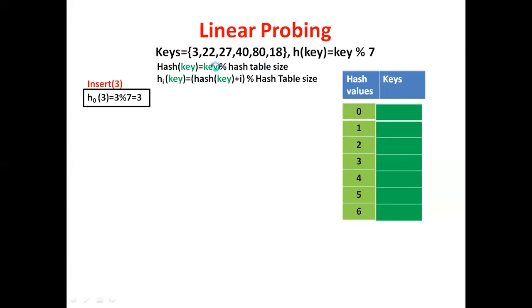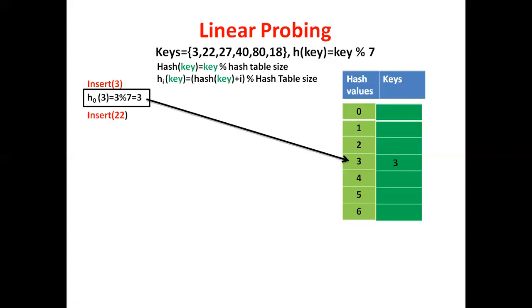By default i is 0 only, that's why I'm taking h0. So the first two formulas both are the same. i starts from 0 and so on. So 3 modulus 7 is equal to 3. So bucket 3 is filled by the value 3 or key 3.